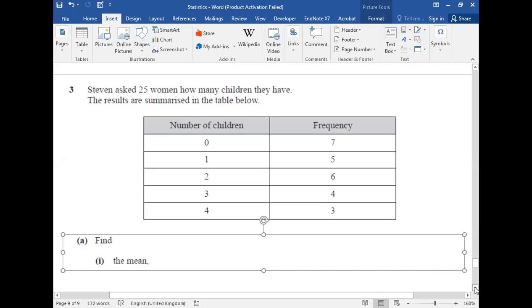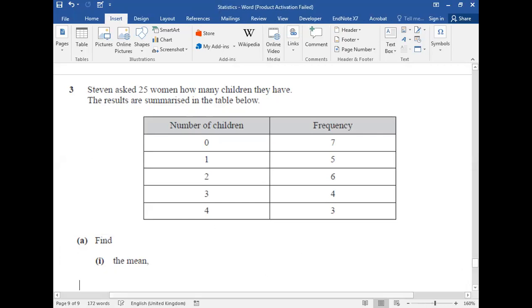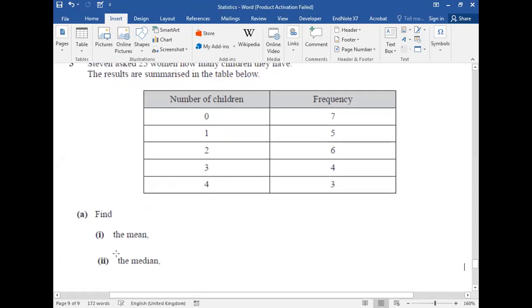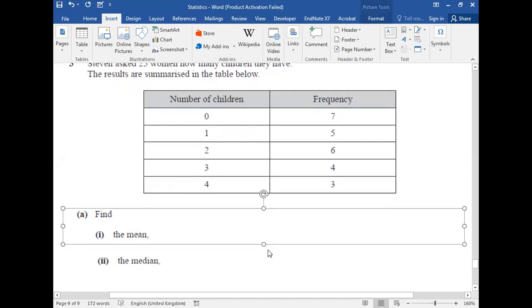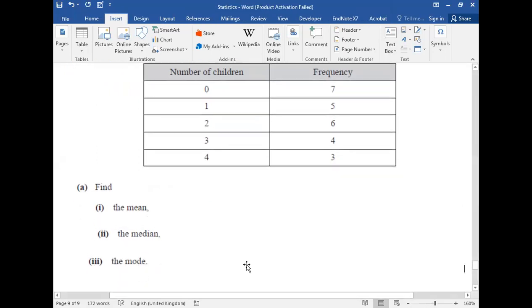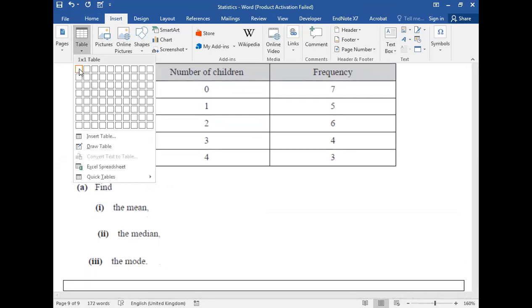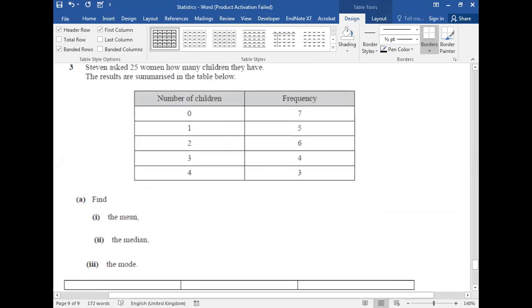Before that, let's have a look at this. First, let's go through the view of the data. What is this question asking us? Please be very clear about the data.